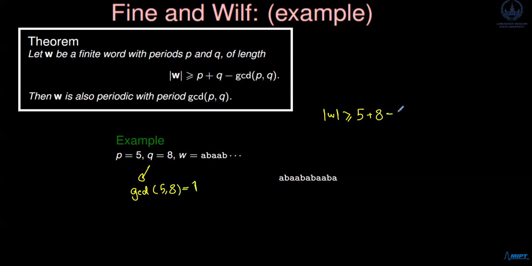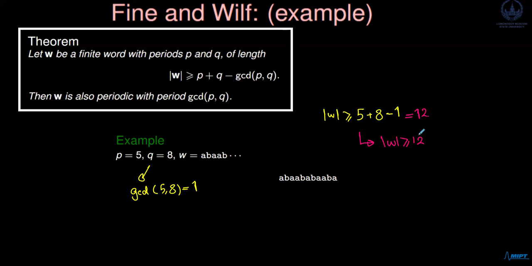So it's minus 1, which is equal to 12. So it means W should be at least 12, at least 12 letters.